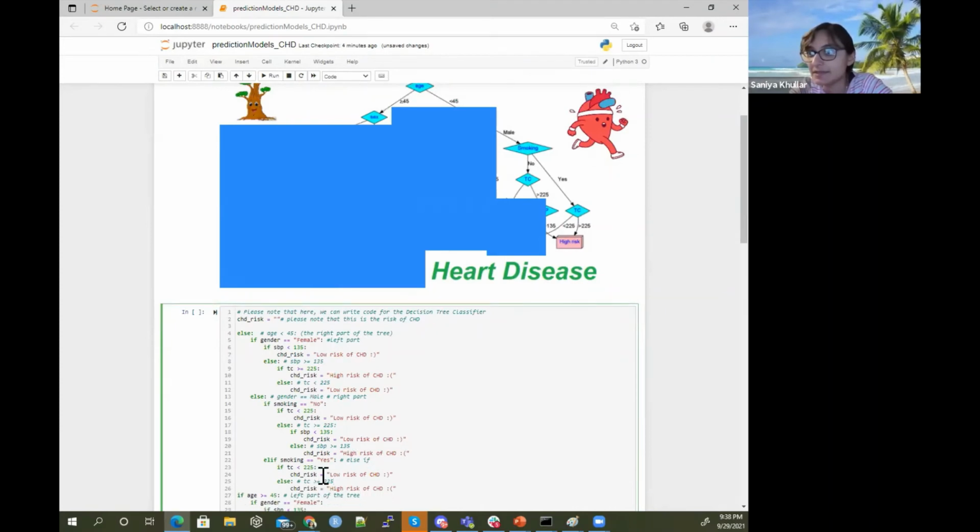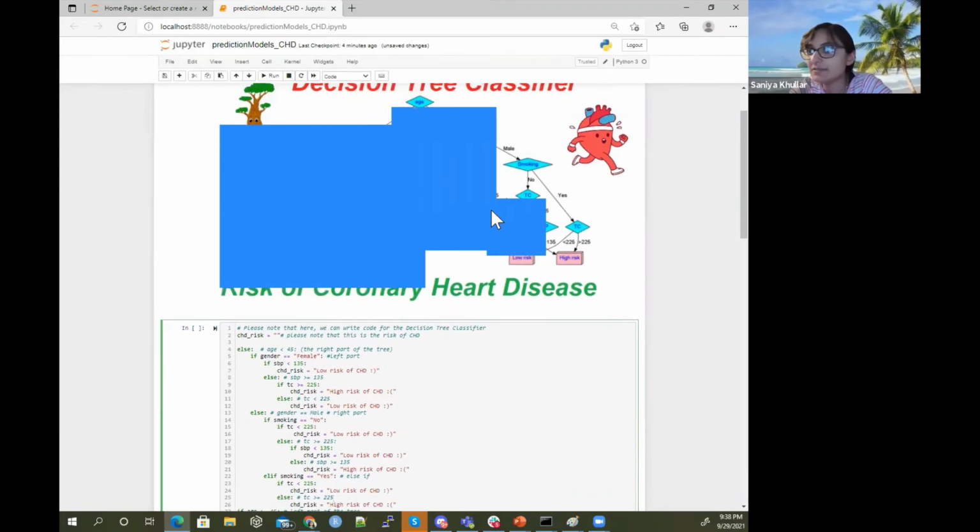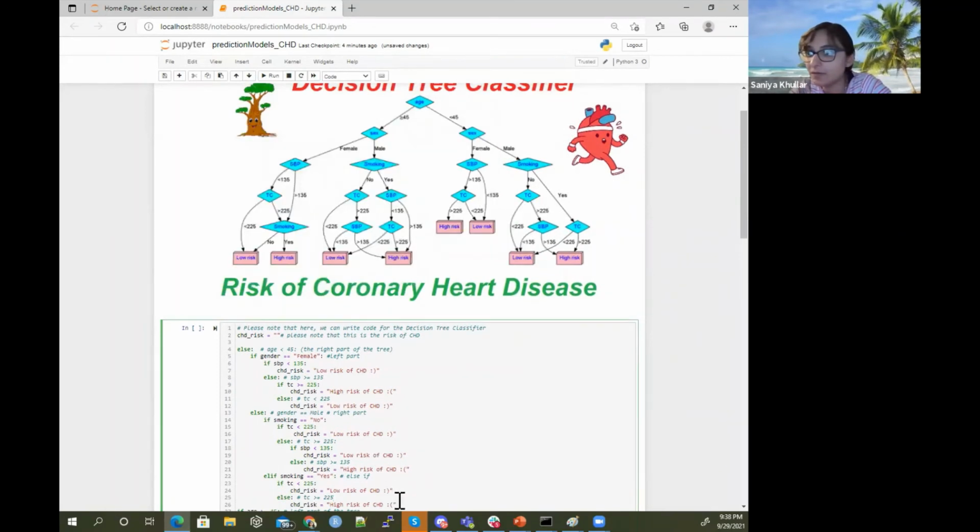So again, to interpret it, how would we get this part here? What does this mean, just to clarify? To get this statement here, you have to come here.